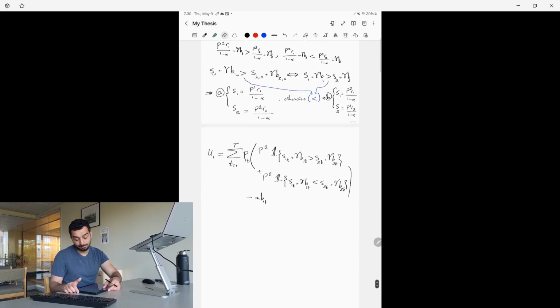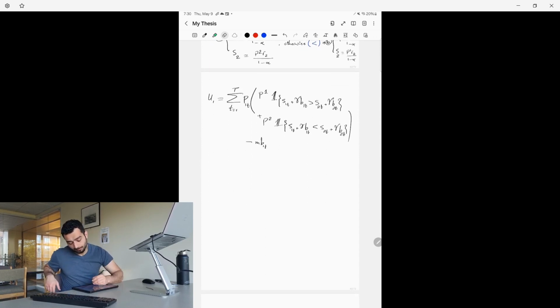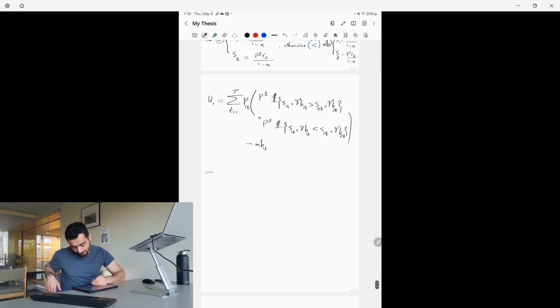And let's say once we consider the stable case, U1 equals P1, which is the stable price, times P1 plus P2.